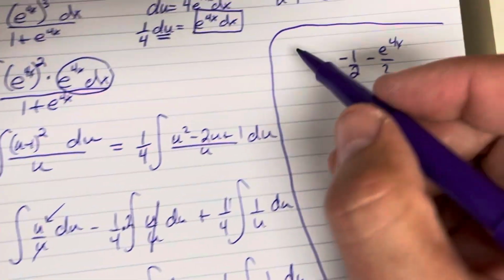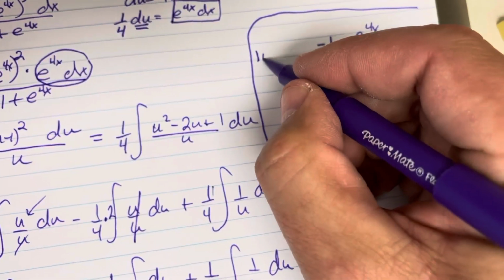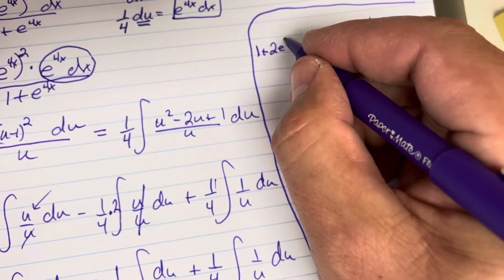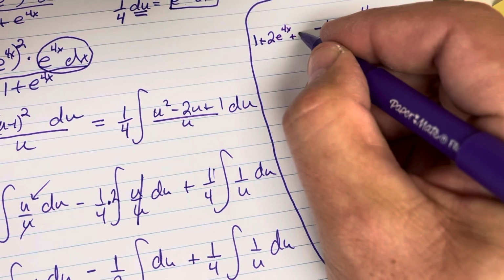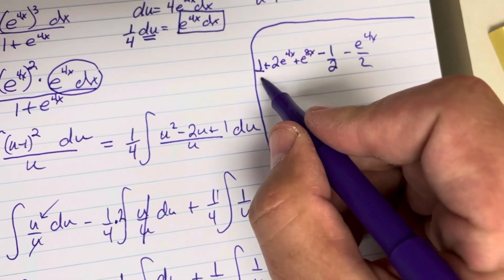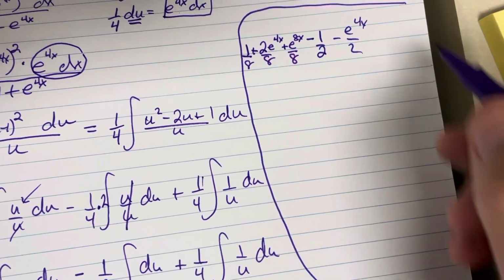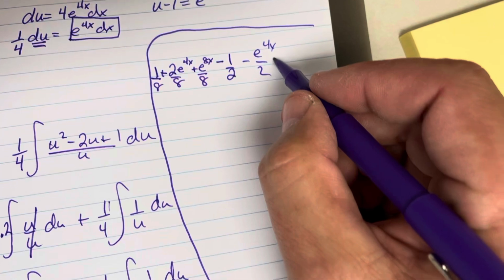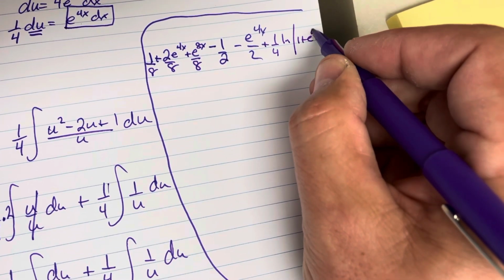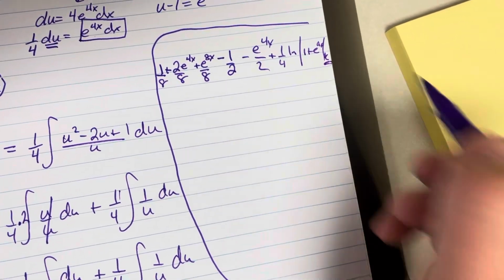So it's going to be 1 plus 2 e to the 4x plus e to the 8x, and each part is over 8. And then we have plus our 1/4 ln 1 plus e to the 4x, and then of course the plus c, but I'm running out of space, so there's my plus c.